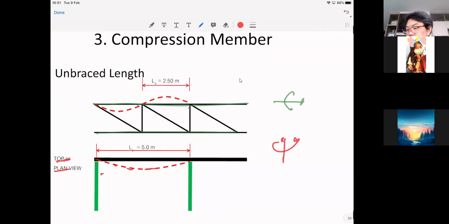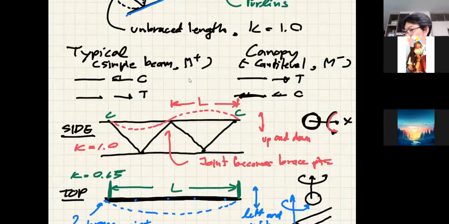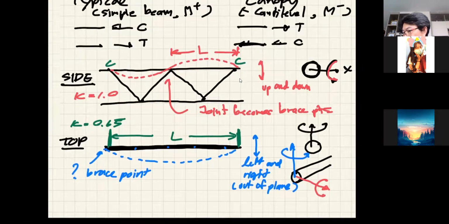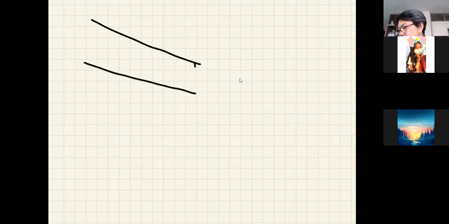It's going to be very much fun for your project, because when you consider the canopy that you have, whatever your configuration may be, your purlin will sit here, right?